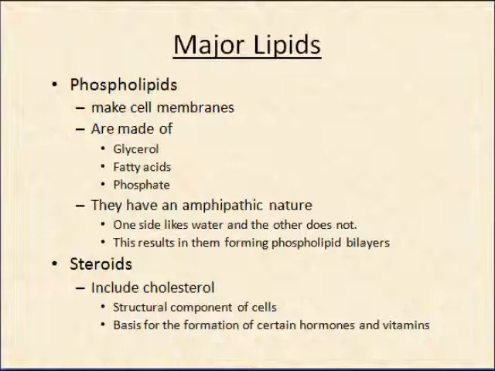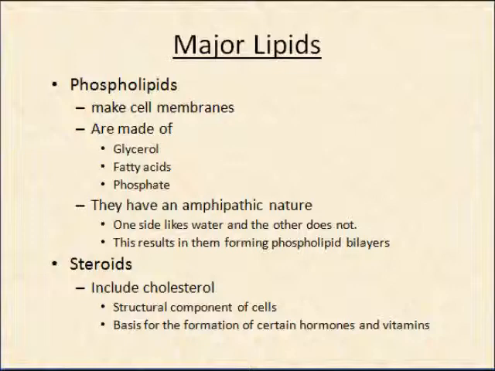When you have a situation like that, we call that amphipathic. And as a result, what will happen is that these molecules will line up so that the sides that don't like water are back to one another. They exclude the water, whereas the sides that like water can be either on the inside or the outside of the cell.